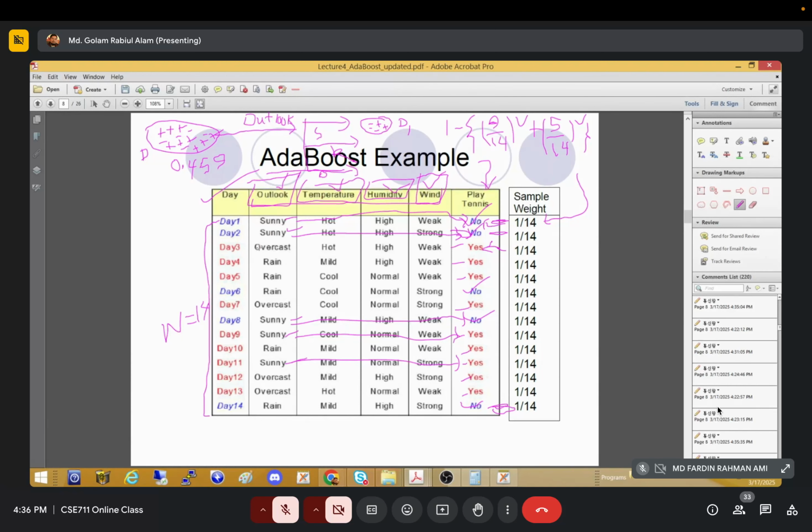Now we have to think about rain, the next type of outlook. This is rain, another rain, 3, 4, and 5 times we observe the rain. For this rain, what will be the prediction? Previously, we played tennis on that day, so yes. Here is also yes.